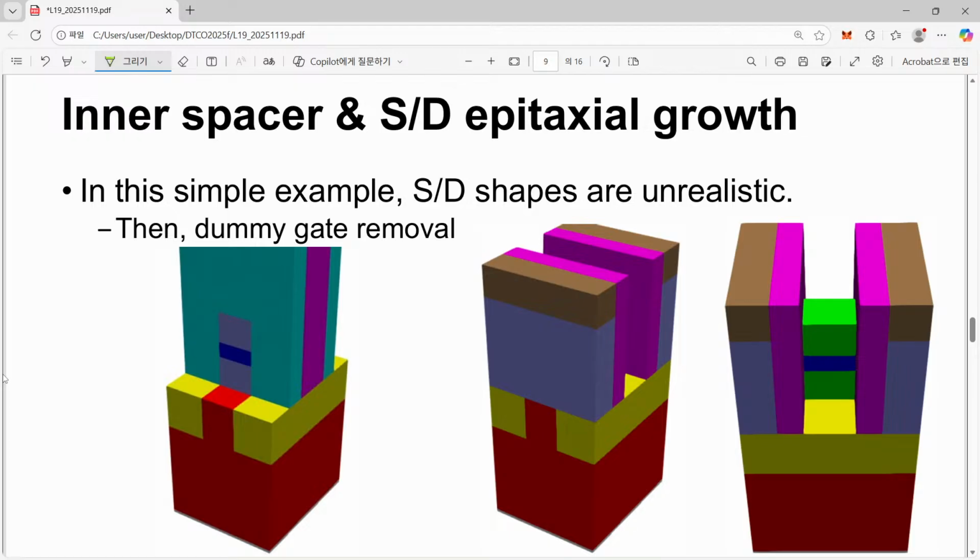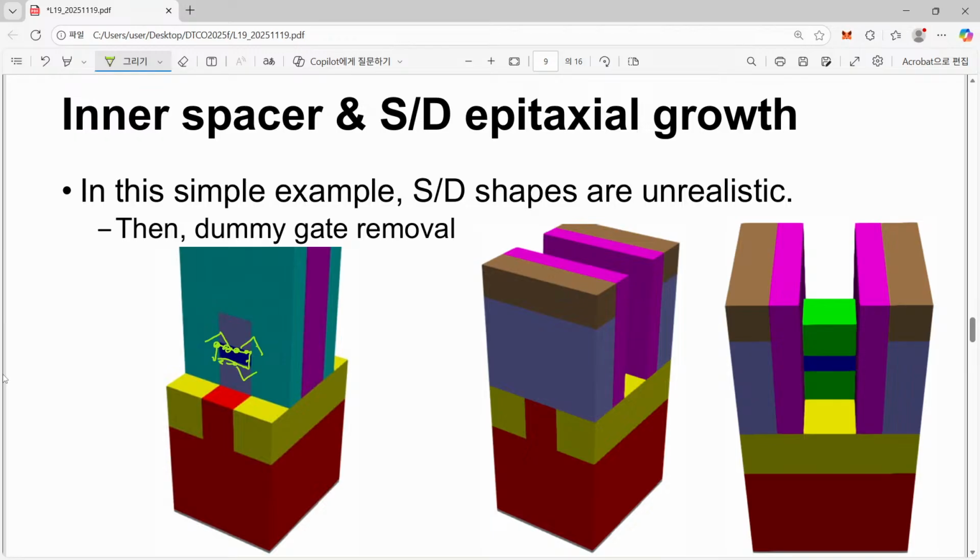After that, in reality, we grow here the source drain epitaxy. Since this is the shape of our fin, usually from the frontal side of this nanosheet, we have a certain diameter shape. So they are expanding, and also they are expanding.